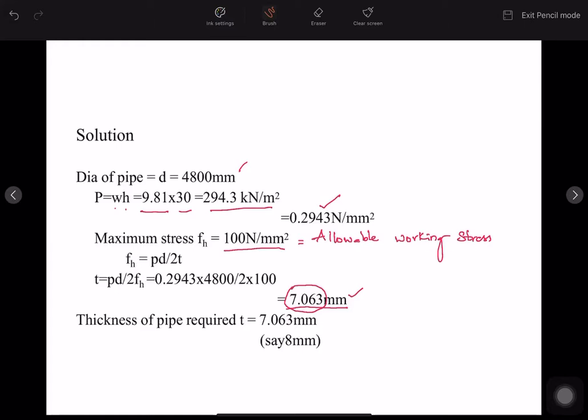If we place 7 mm thickness, that won't be sufficient for taking such stresses. So to be on the safer side, we need to increase this value and consider 8 mm. This is for our safety. We should not round it off to 7, even though 7 is nearer to this value.